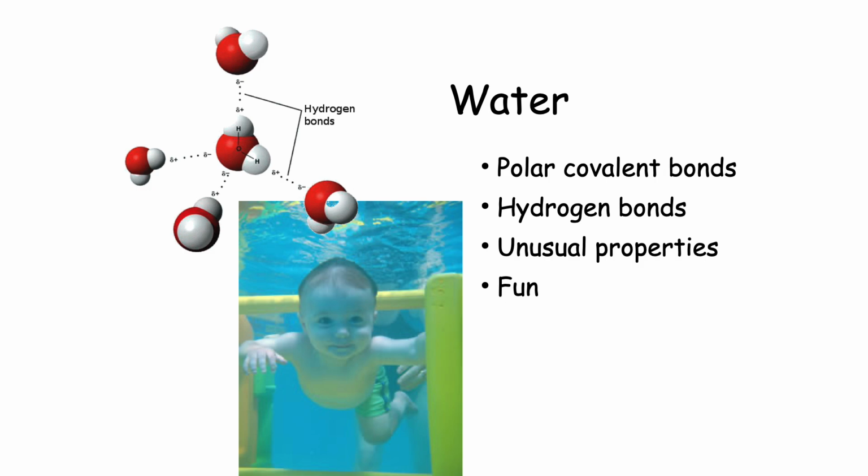They have a positive pole and a negative pole, and so the molecule is neutral, but there's a positive region and a negative region. Water is a molecule like this, where it has a positive part where the atoms have fewer electrons and a negative part where the atom has more electrons. And this causes water molecules to kind of stick together. So it gives them their unusual properties.